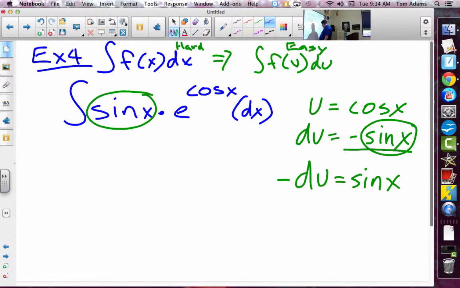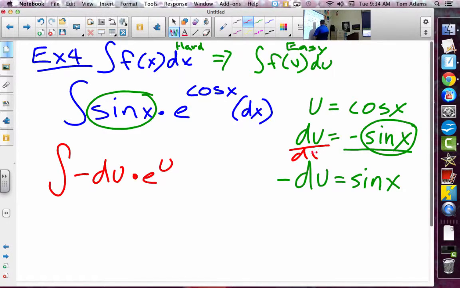Now I'm going to substitute this, so I've got my negative du times e to the u. And technically, if I wanted to be formal, I've got this dx here. If I use the Leibniz notation, du dx, and multiply on both sides, I get this. So that even takes care of this.